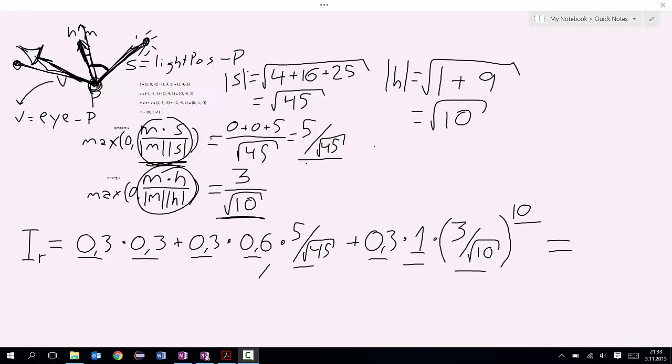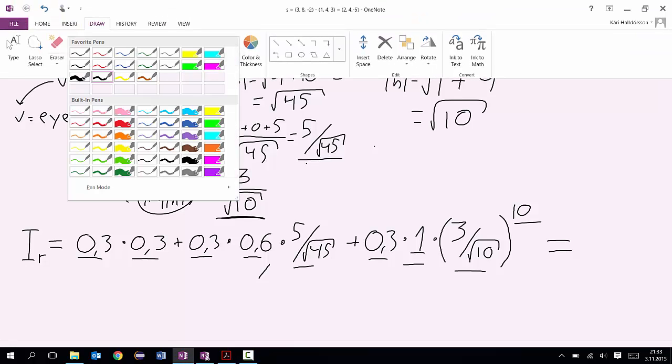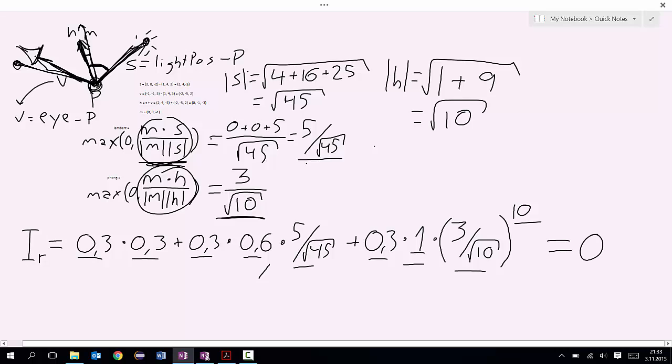So this equals just about 0.4, so that'll be a red intensity, and just do the same for green.